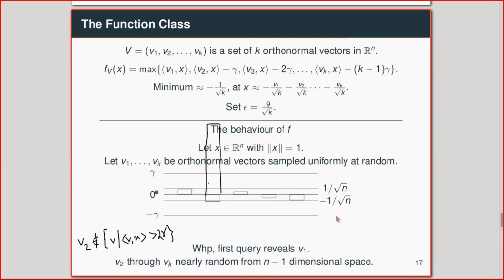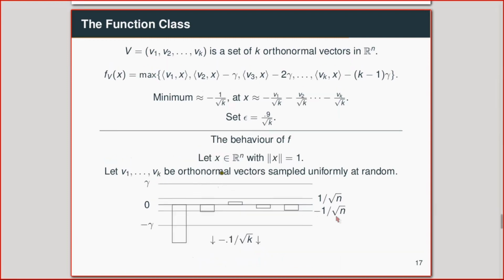Because if we didn't know anything more, if we just knew that they were orthogonal, then we could have continued the same story. After the first query, we know what v1 is, so we can set this value to whatever we want by choosing an appropriate x. But if we actually didn't know anything about v2 through vk, then this is still going to be just 0, this is minus gamma, this is minus 2 gamma, this is minus 3 gamma, and the maximum would have been the second coordinate.